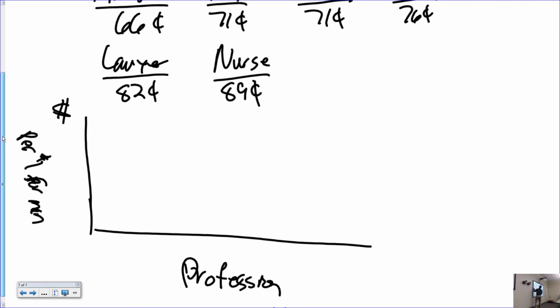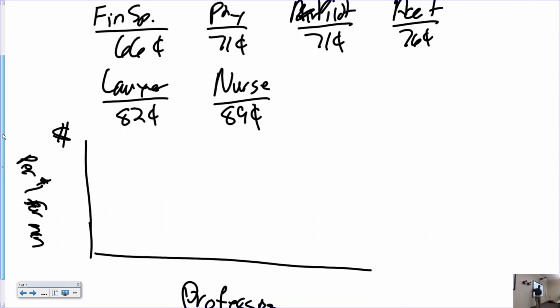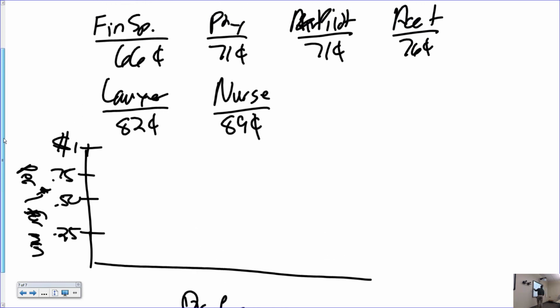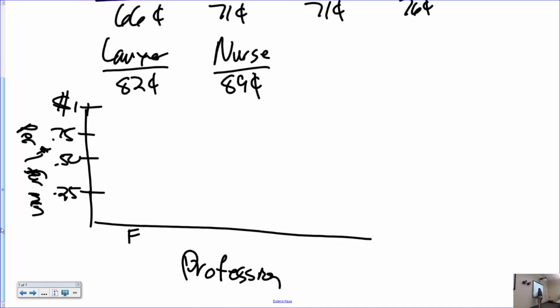And so what do I need to have up here? Up to 89 cents, so up to $1. So here's 0.25, 0.50, 0.75, and then 1. And then financial specialists, where do they go? 66 cents.